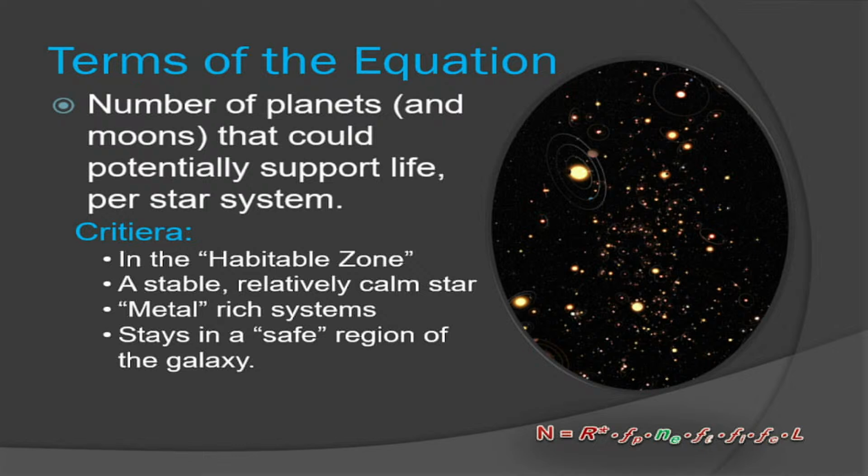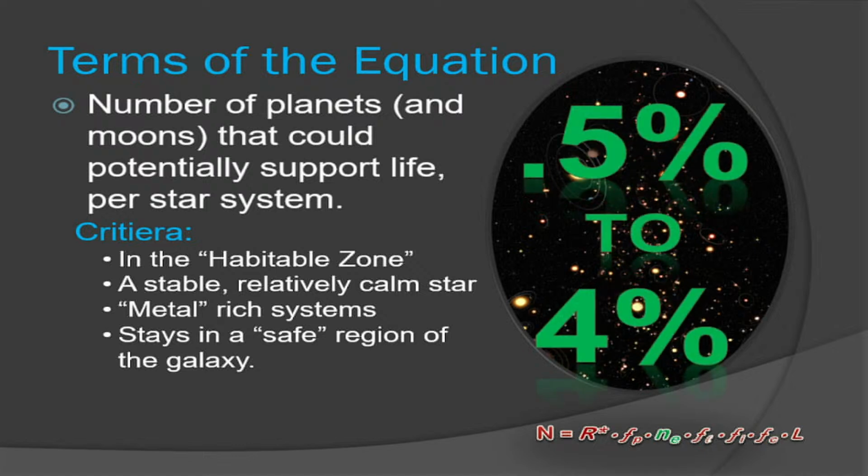And that star has to stay within a hospitable region of its galaxy, right? If it's a star near the core of the galaxy, it's likely to be too unpredictable, with chaotic orbits and stellar explosions and maybe a supermassive black hole that you might have to worry about.